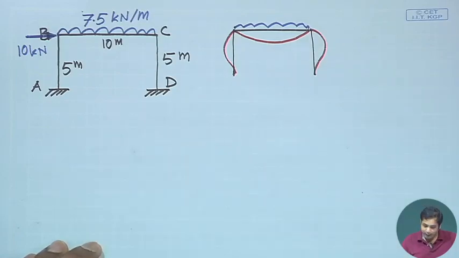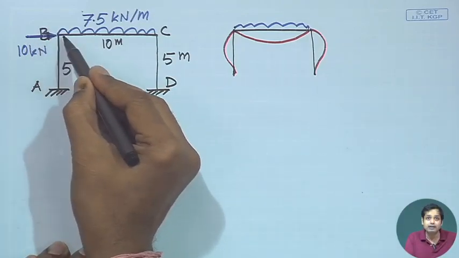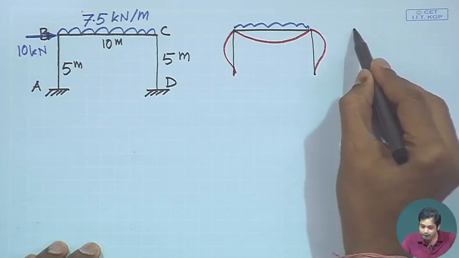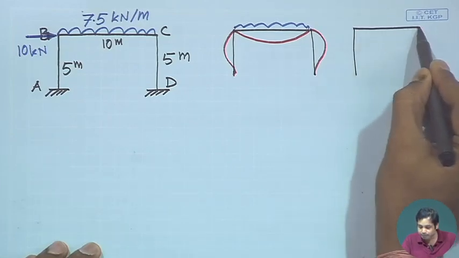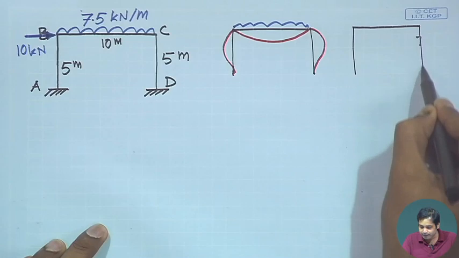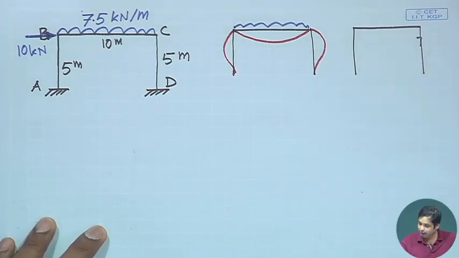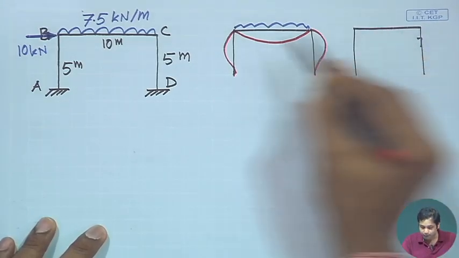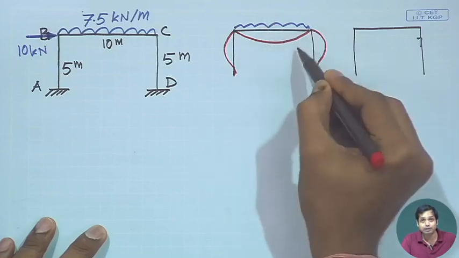Now, in addition to that, if there is a horizontal load as well, the frame will undergo sway in this direction. The structure deforms in addition to this deformation because of this horizontal load.